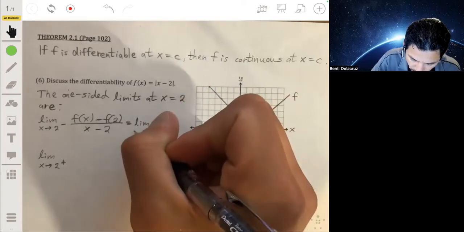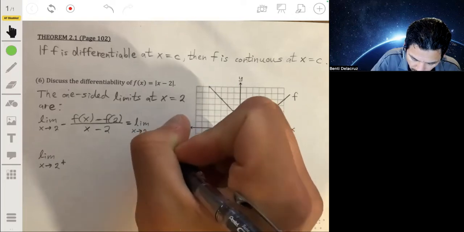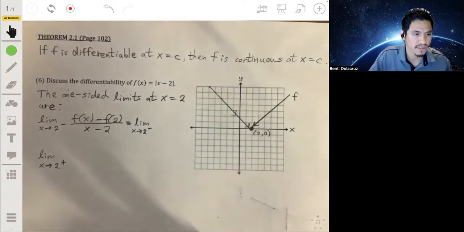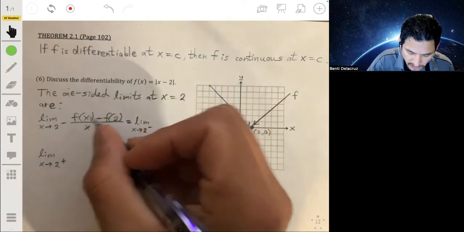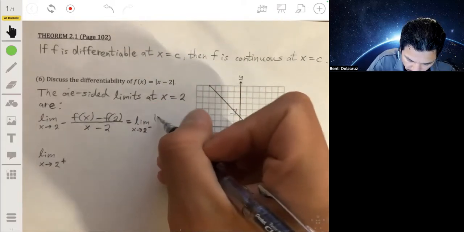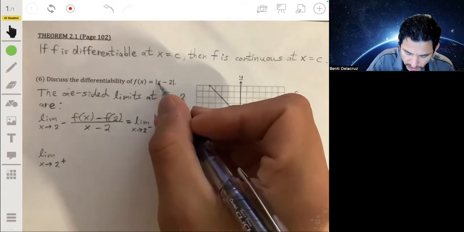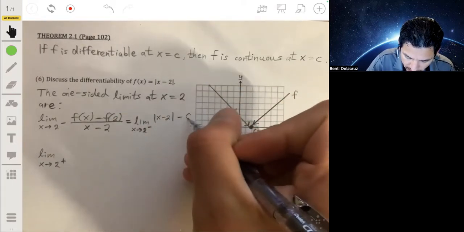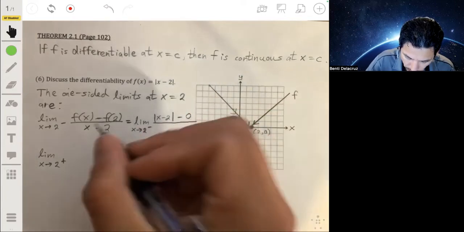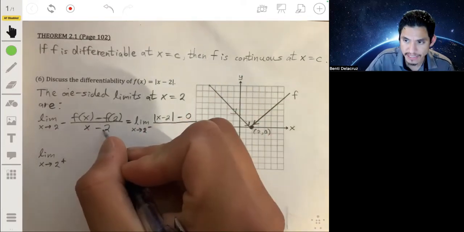So the limit as x approaches 2 from the negative side. f of x is defined as the absolute value of x minus 2, and f of 2 would just be 0, because 2 minus 2 is 0. So we just have that minus 0, all over x minus 2.